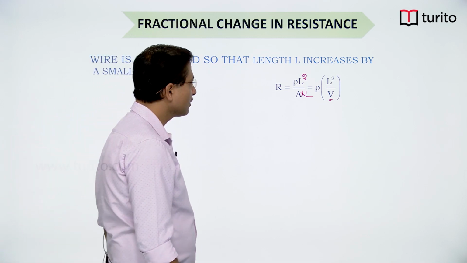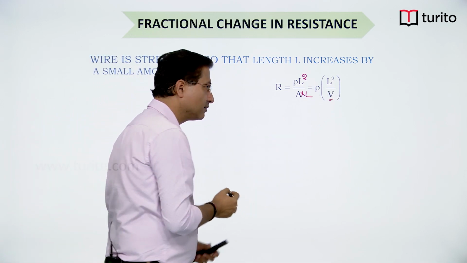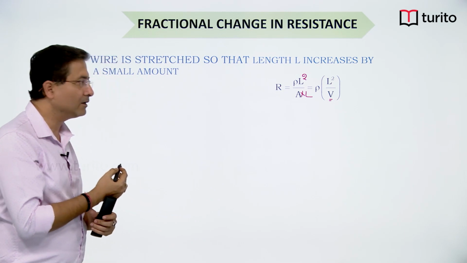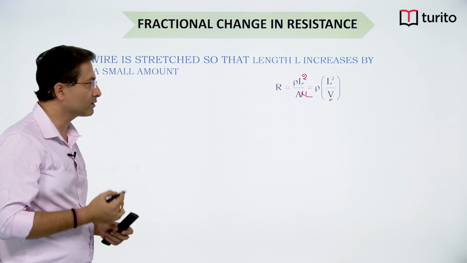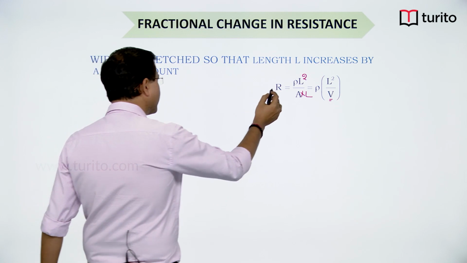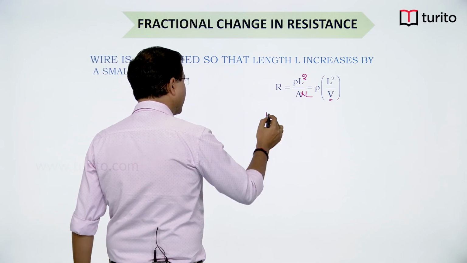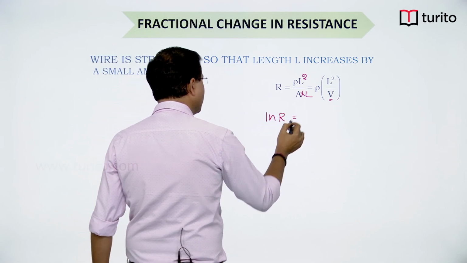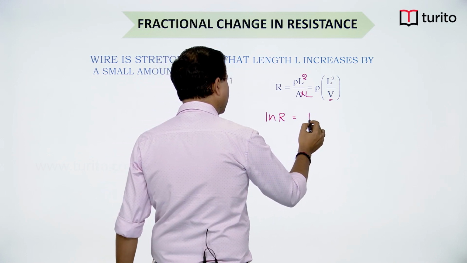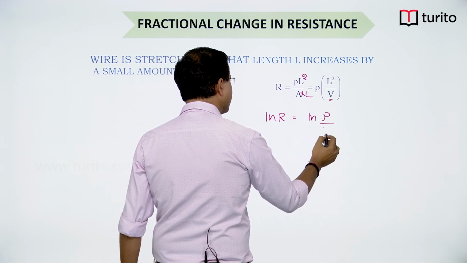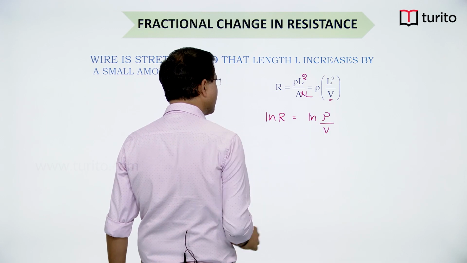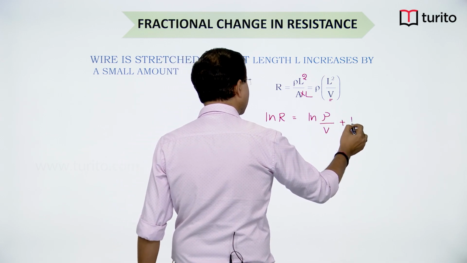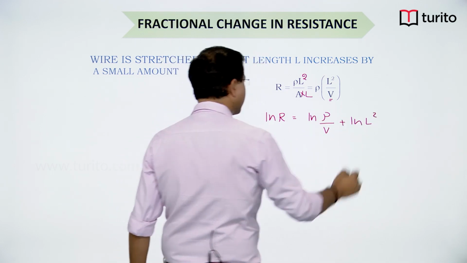Okay. Now, if there is a small change in length, how will that affect the resistance of the wire? If I take log over here, right, ln R will be equal to ln rho by V, as volume is constant I will take this term with this one, plus ln L square.